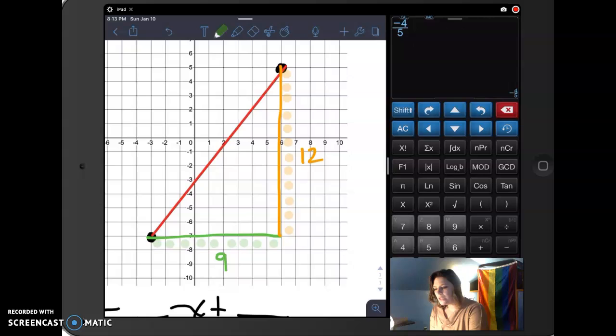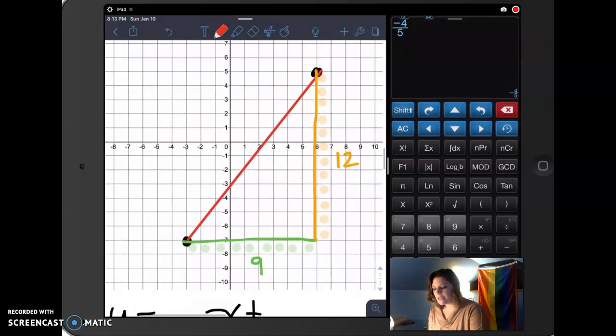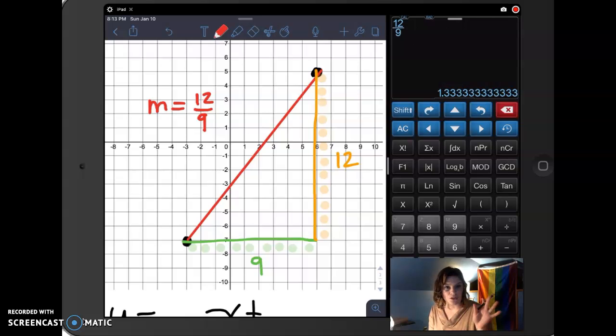So when I look at this, I know that my slope is my rise over my run, and this is a positive slope. We're going up to the right, so it would be 12/9. And what I'm going to do is put that into my calculator to reduce my fraction. Again, totally fine to get a fraction.